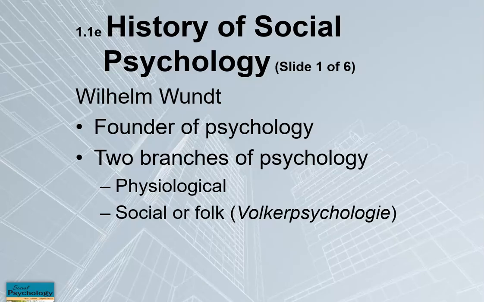We'll start off by talking about the history of social psychology, and that began with somebody in the late 1800s. His name was Wilhelm Wundt. Wilhelm Wundt was the founder of psychology, and he was responsible for two branches of psychology, the physiological component and the social component.